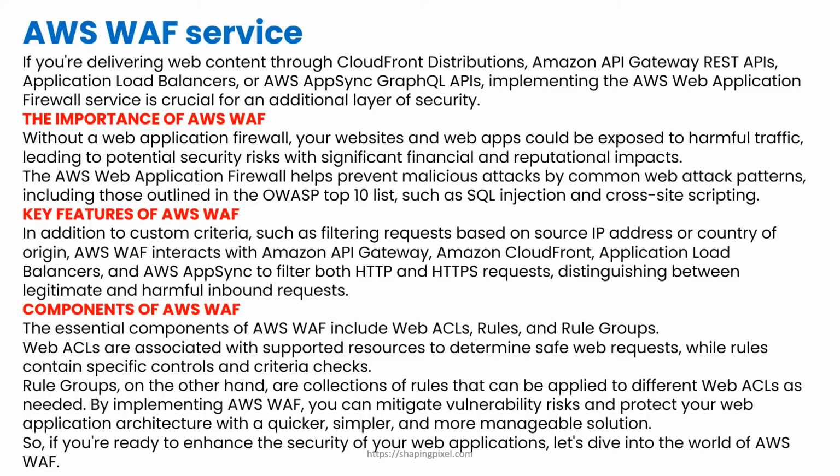By implementing AWS WAF, you can mitigate vulnerability risks and protect your web application architecture with a quicker, simpler, and more manageable solution. So if you're ready to enhance the security of your web application, let's dive into the world of AWS WAF.